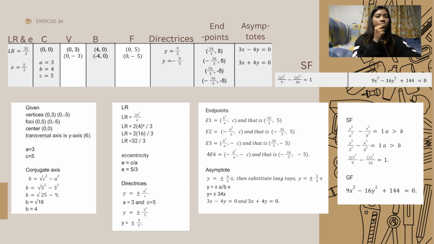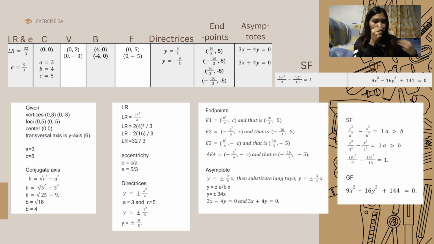So, ayan. Dahil given na nga yung vertices at foci natin, and nakuha na rin natin yung conjugate axis, pwede naman na natin makuha yung LR at eccentricity natin. And to get our LR, pwede natin gamitin yung formula tulad ng ginamit natin sa number 1, which is yung 2b squared over a.